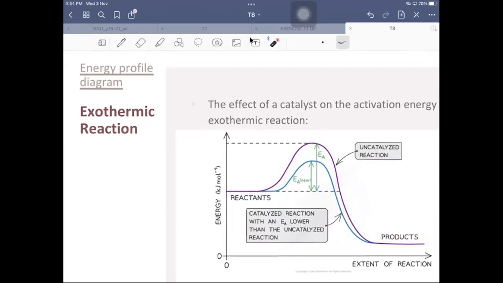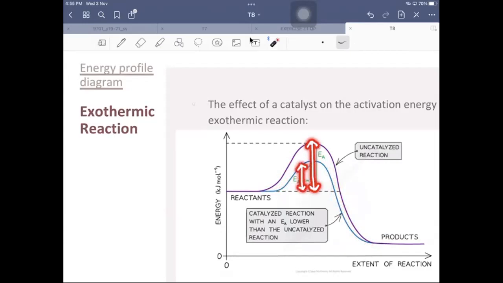By definition, what catalyst does is by providing an alternative route. So I now have a different route, and this route has a lower activation energy. So if you look in blue, can you see the peak of blue is now lower than the peak of the purple graph? Okay, so my activation energy was this much without catalyst, but with catalyst, now it's lowered down to that much.